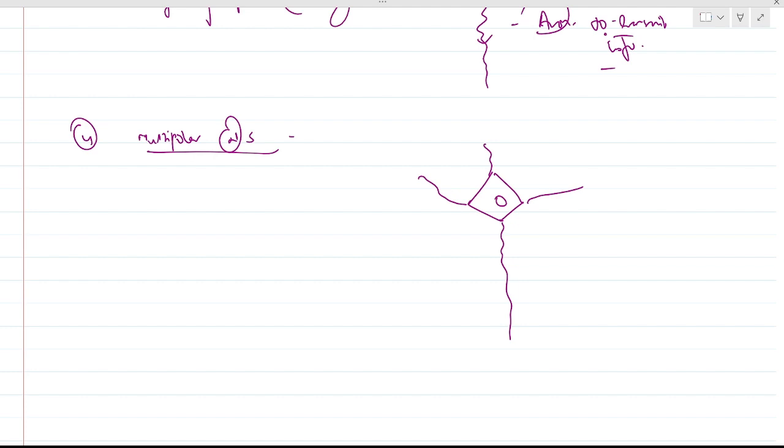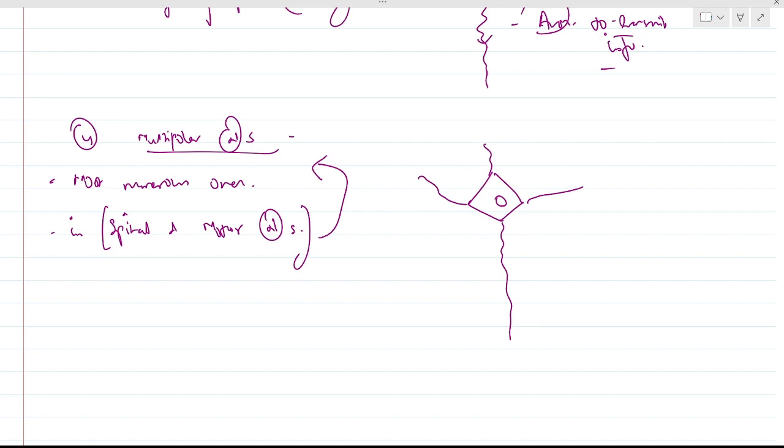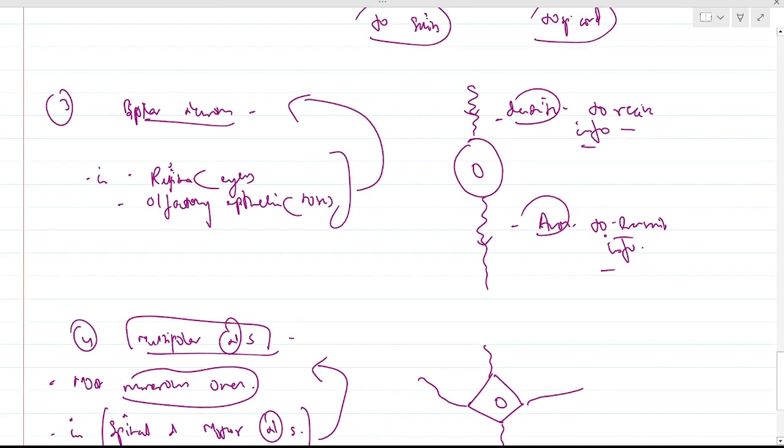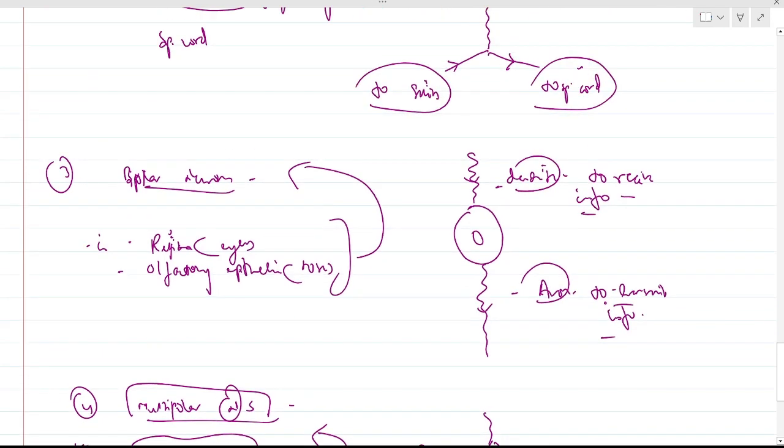These multipolar neurons are the most numerous ones, and they are present in spinal and motor neurons. Spinal and motor neurons are the greatest example of multipolar neurons, which are the most numerous ones in our body.